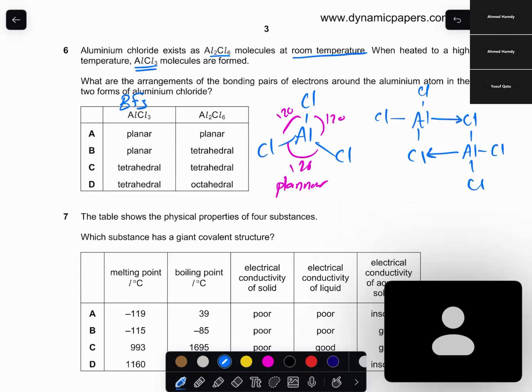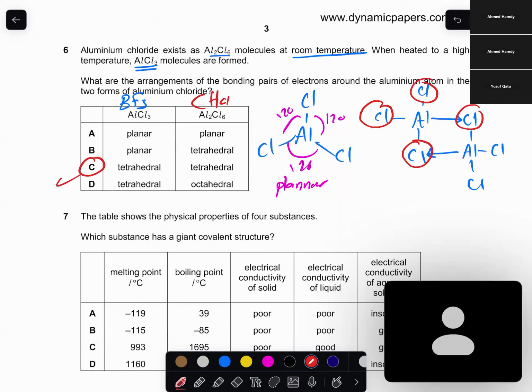The shape in this case will be, since each aluminum atom is surrounded by 4 chlorine atoms, it looks like CH4, so it will be tetrahedral, so the answer is C. Sorry, the answer is B, because this one we said is planar, and this one we said is tetrahedral, so the answer is B.